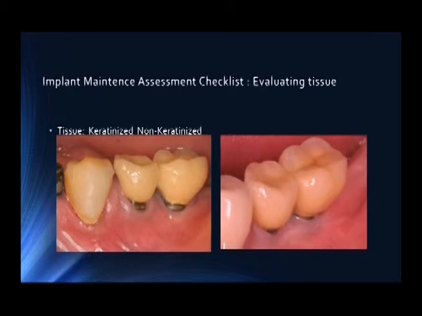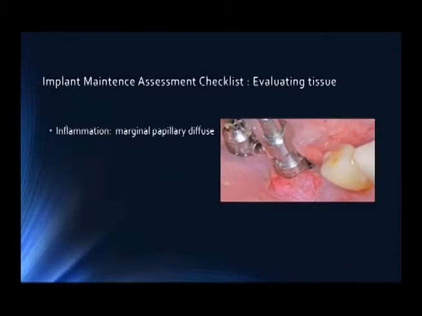And perhaps it means that there's a little bit of the thread showing. You can see in this picture how after a graft was done, the tissue looks a lot more resilient and will stand up to the self-care regimen that the client would like.